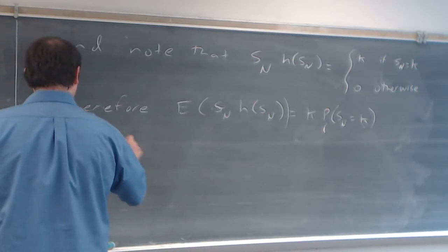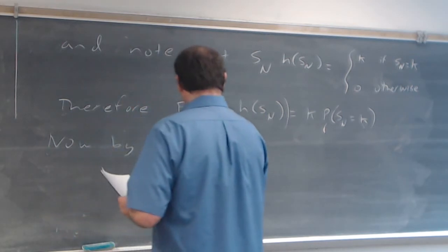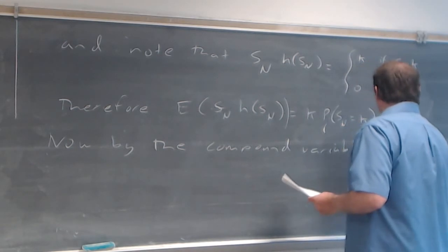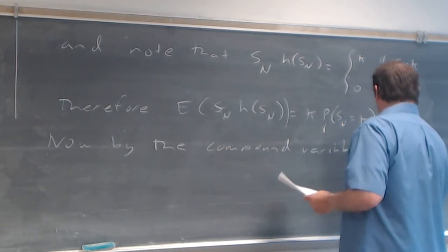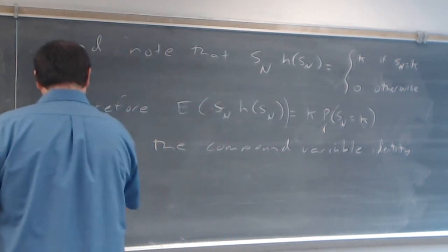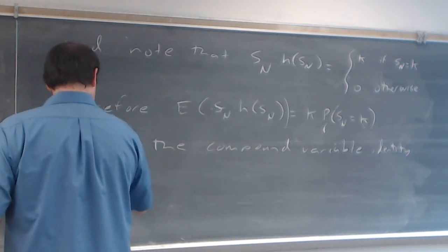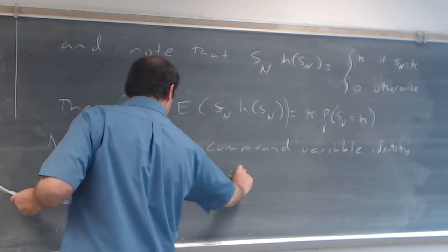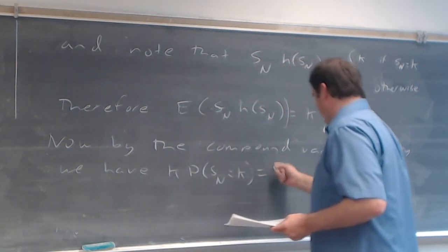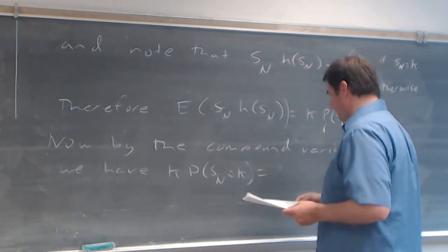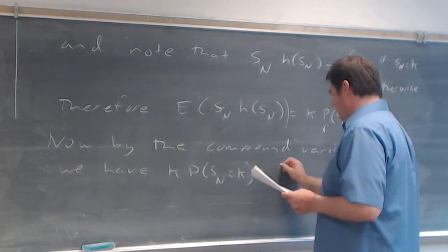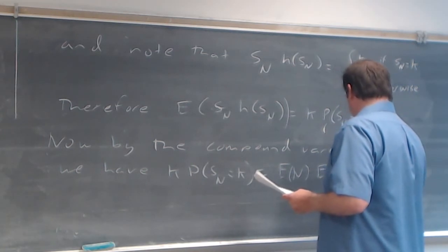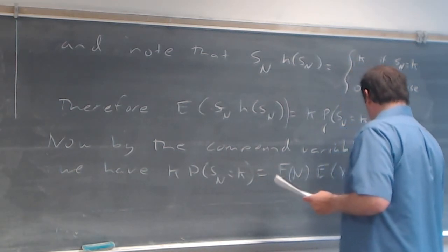Now, by the compound variable identity, we have this quantity, which I'll rewrite as k times the probability that S of n is equal to k. Well, that's going to be equal to, by the compound variable identity, the expected value of n times the expected value of x of 1 times h of S of m.